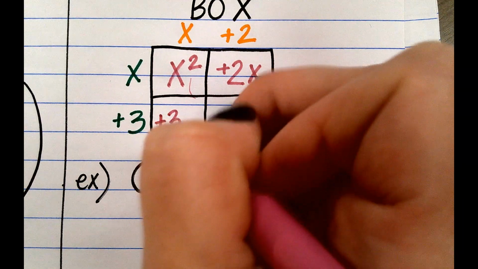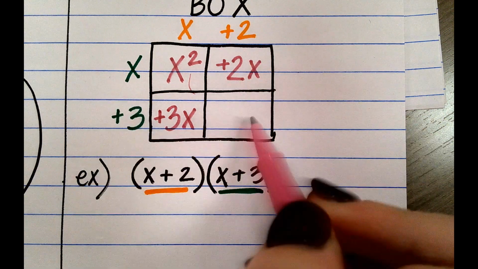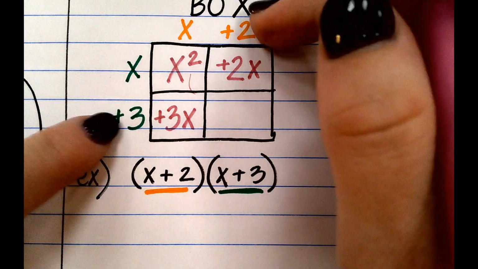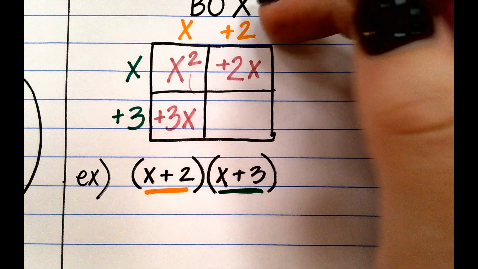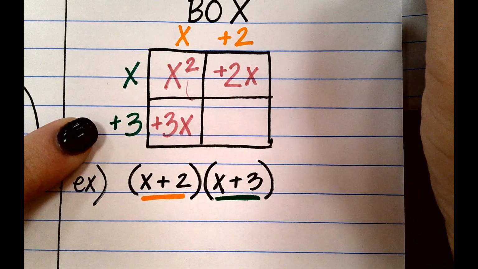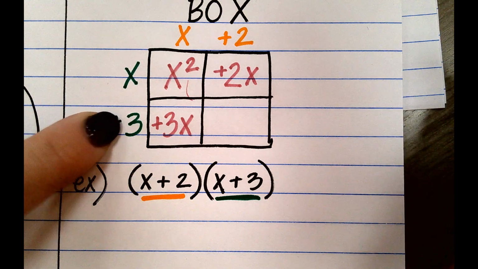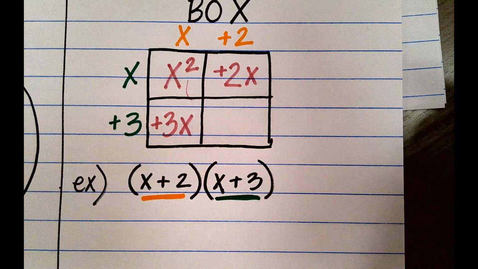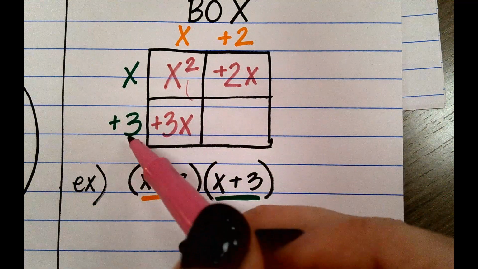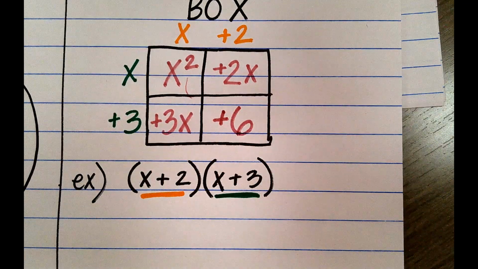So plus 3x. And last but not least, 3 times 2, which is 6. I think me putting the plus signs probably threw you off. You don't have to do the plus signs. I was even thinking as I wrote them, somebody's going to want to add. That's my fault. So 3 times 2 is 6.